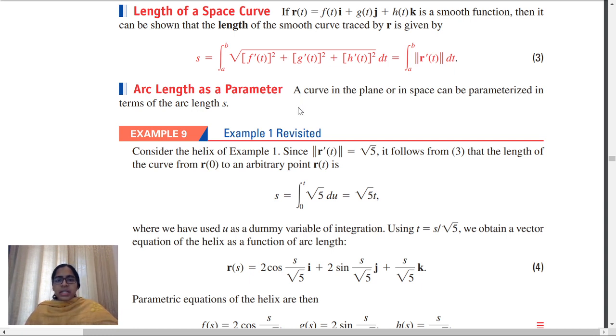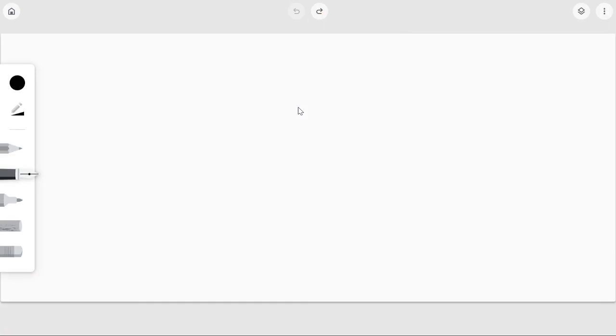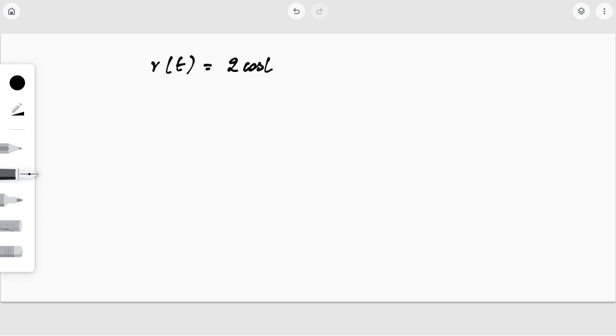In example 9 we are considering the function given in example 1, that is the vector function r of t equals 2 cos t i plus 2 sin t j plus t k.